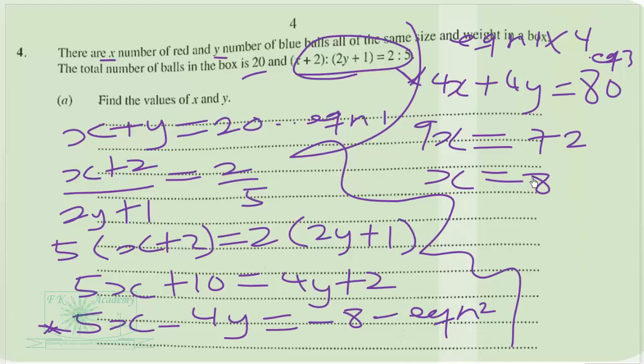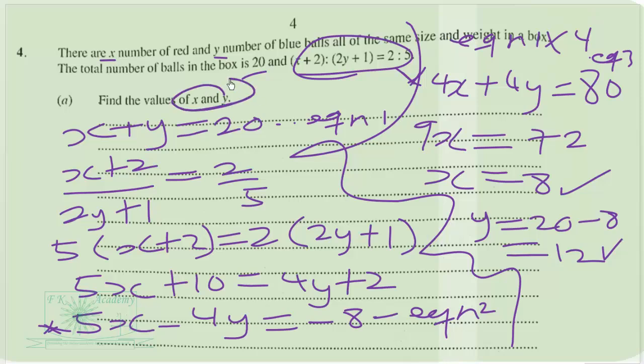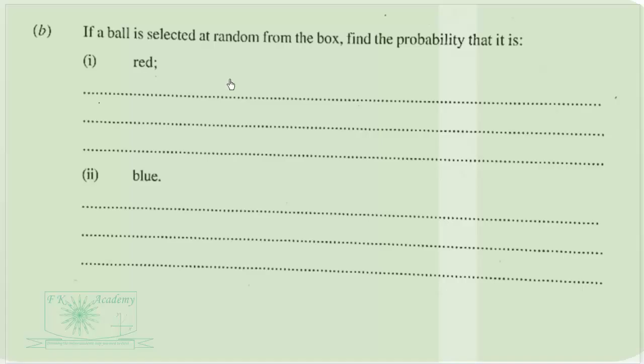If x is equal to 8, then we can find y. We know that y will be equal to 20 minus 8, and that will give us 12. So the value of x is 8, and the value of y is 12. That's what we are asked to find. Then the next thing is that we are asked to find the probability that a ball selected at random from the box is red.